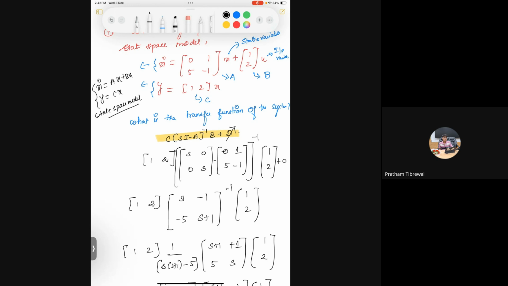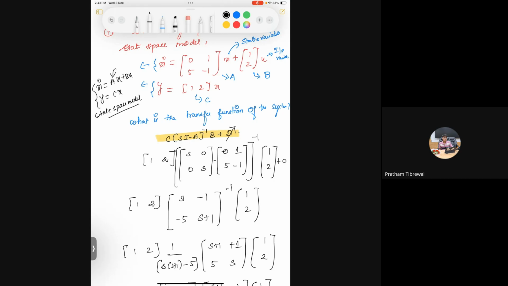Whatever comes before the state variable x will be called the system matrix. It has all the characteristics of the system, how the system behaves, and whether the system is stable or unstable. All the information will be stored in this A matrix, which is called the system matrix or system state transition matrix.